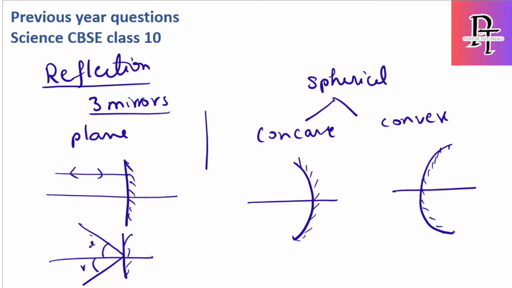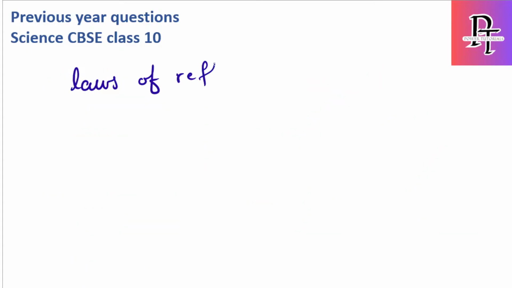This is very important for a 2 marks question. They can ask you what are the laws of reflection. You have to say that first one, the incident ray, reflected ray, and normal lie on the same plane.